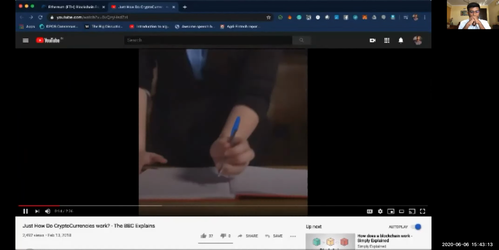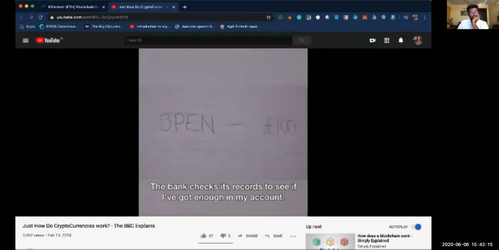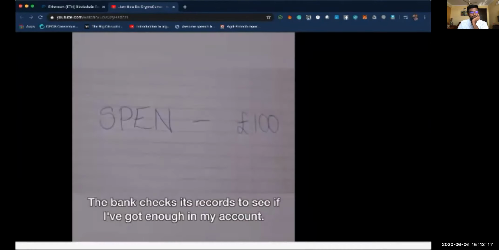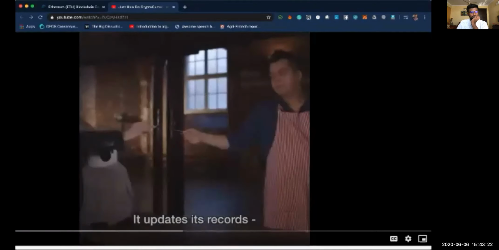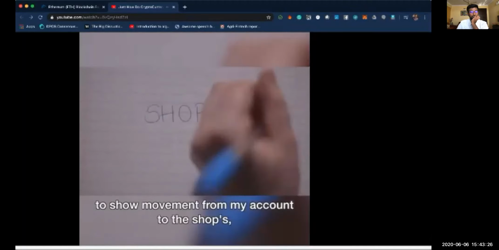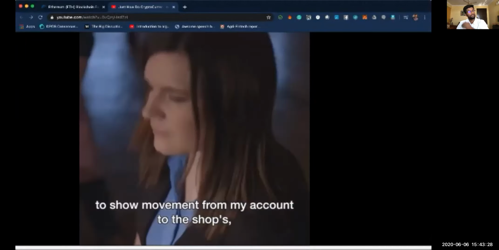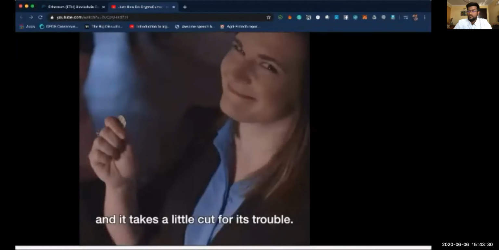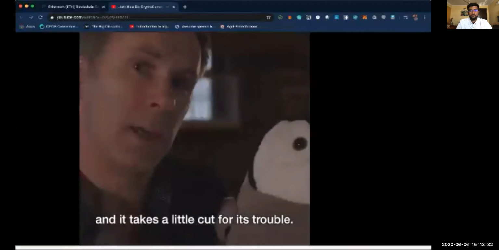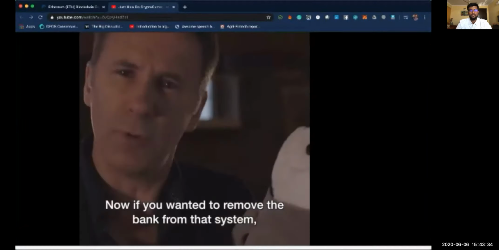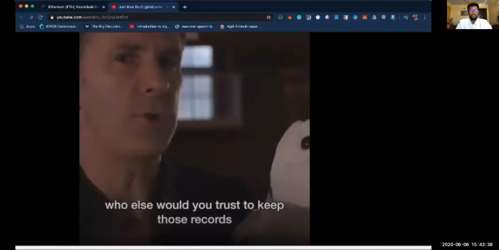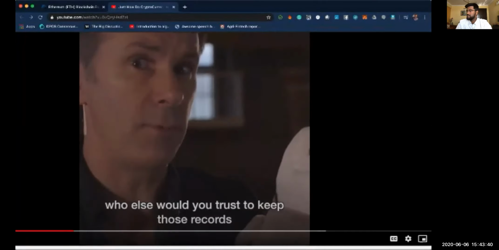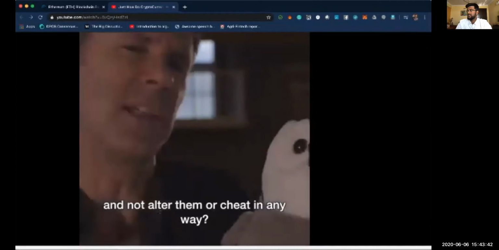The bank checks its records to see if I've got enough in my account. If I do, it lets the shop know. It updates its records to show the movement of money from my account to the shop's. Oh, and it takes a little cut for its trouble. Now, if you wanted to remove the bank from that system, who else would you trust to keep those records and not alter them or cheat in any way?